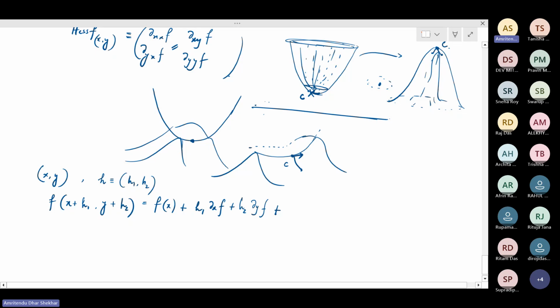The second order term is equal to one half times the row vector h1, h2, then you write the Hessian of f, which is a matrix, and then the column vector h1, h2.